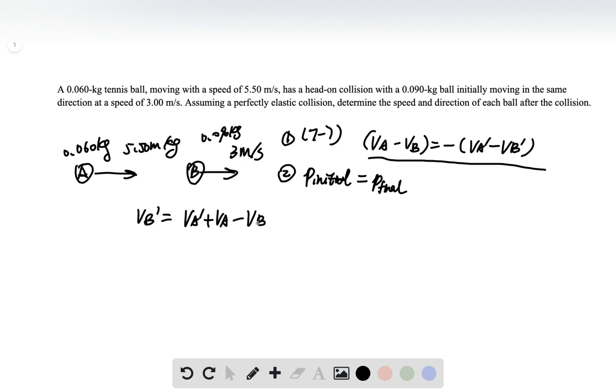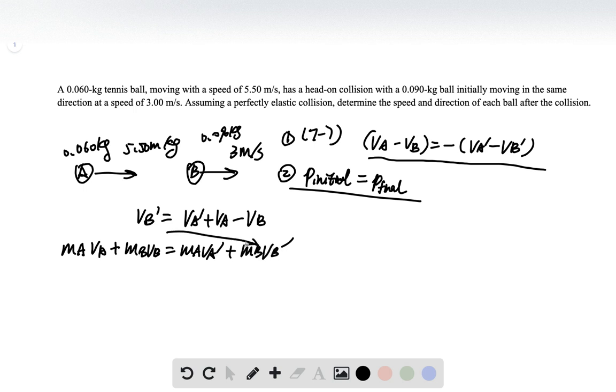And then with this, we plug this into the conservation of momentum. Conservation of momentum tells us MAVA plus MBVB equals MAVA prime plus MBVB prime. But because we substitute VB prime into this expression, it becomes MAVA prime plus MB(VA prime plus VA minus VB).